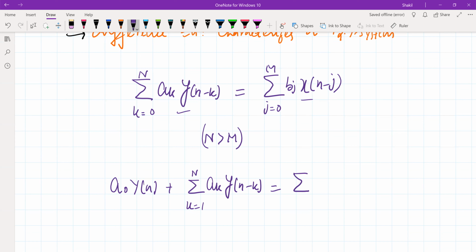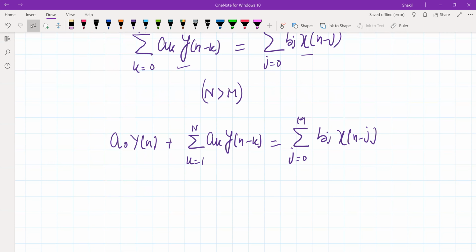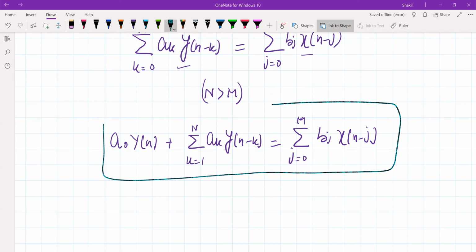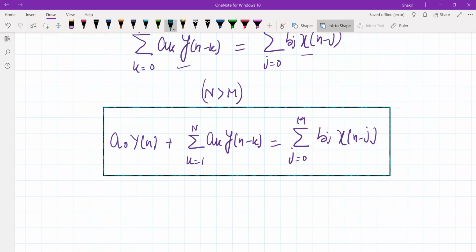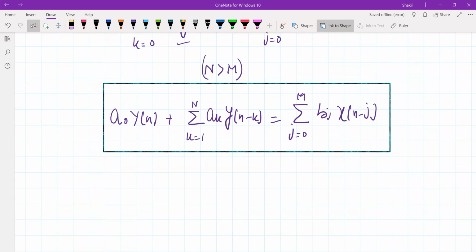Then on the right side I have j running from 0 to m, b_j x of n minus j. So this is the nth order difference equation, and it characterizes a discrete time system.